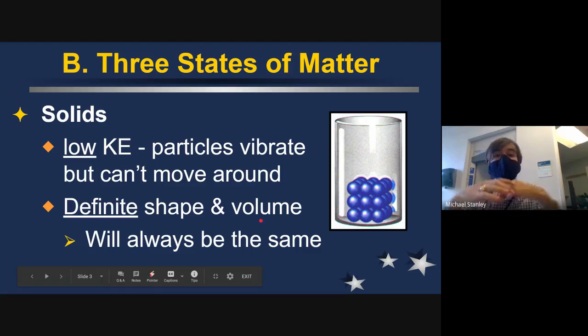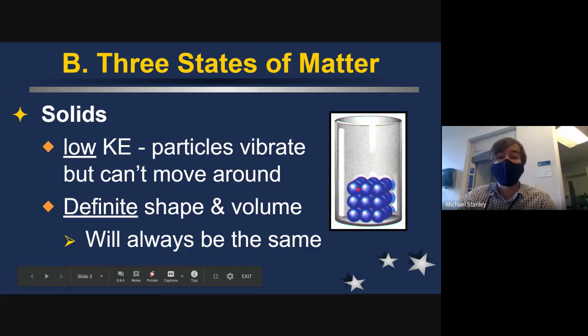Volume is how much space an object takes up, and solids have the same shape always, so they also will always take up the same volume. No matter where you put that solid, it is going to have the same shape and take up the same amount of space.